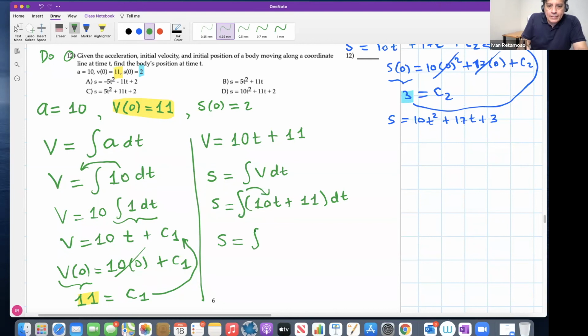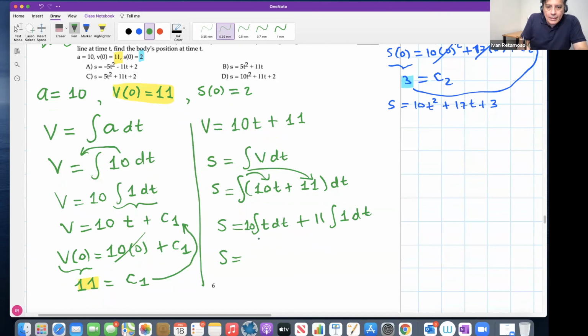The antiderivative of this is going to be 10 comes out, t stays, dt, plus 11 comes out, integral of the constant function 1, right? S equals 10 times what? This guy has exponent 1, so it should be t raised to 1 plus 1, 2, divided by 2, plus 11 times the antiderivative of constant function 1, which is just the identity function t. I need a constant. I don't want to confuse my constant with this constant. I'm going to call it C2.